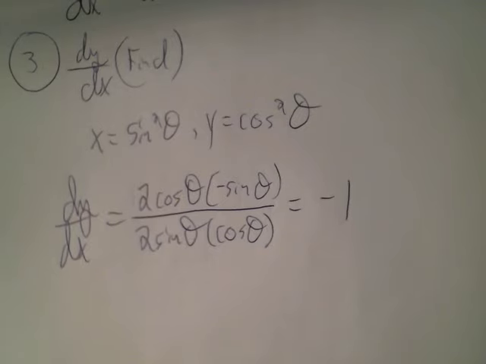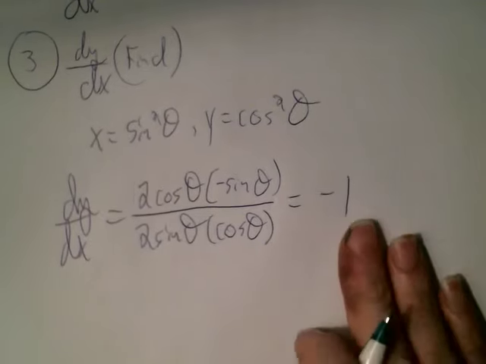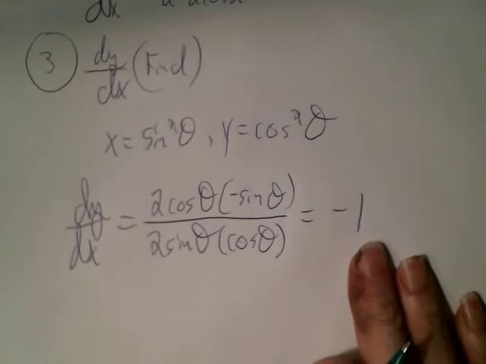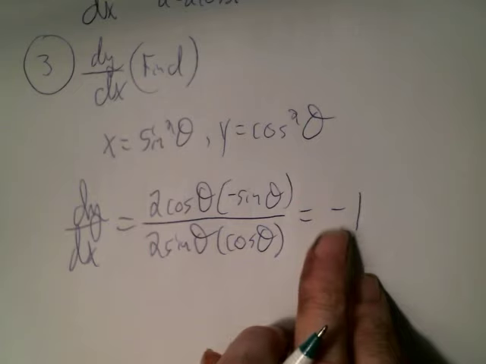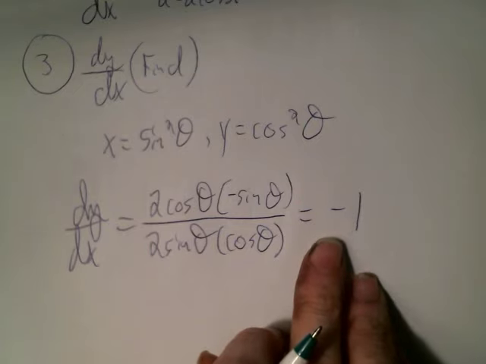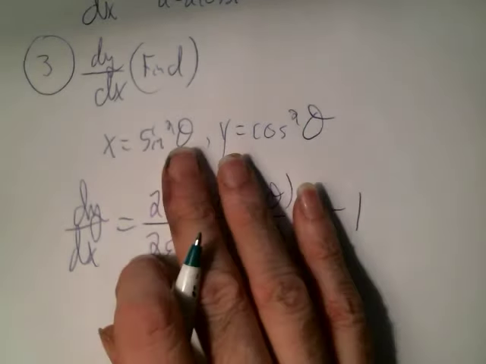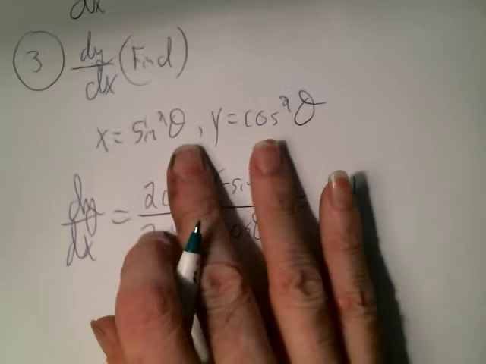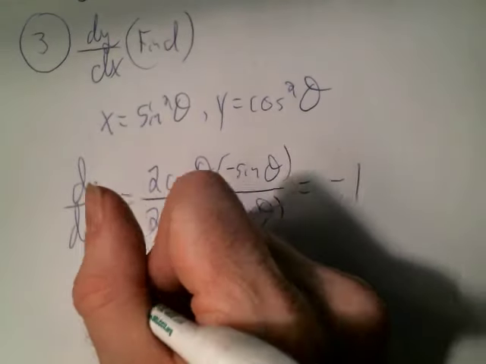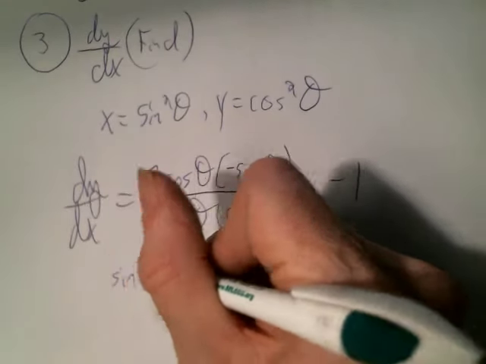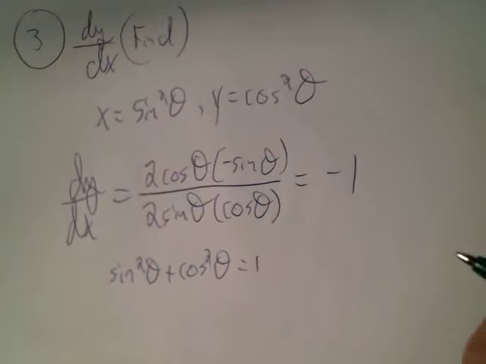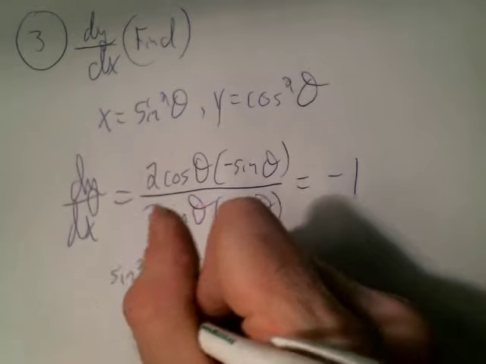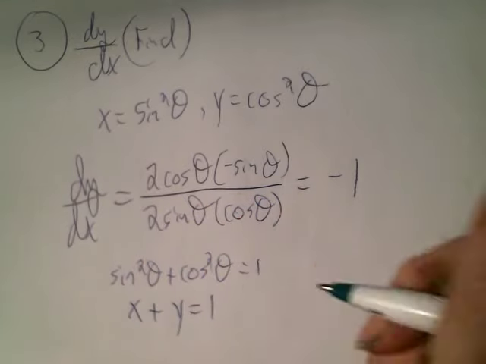Okay, so what I'm saying is that this slope makes sense. It may not seem like it, but it is the slope of this graph. It's constant, so it tells you that it's basically a line with slope negative 1. You can see that by eliminating the parameter using our Pythagorean identity, sine squared theta plus cosine squared theta equals 1. So sine squared is x, cosine squared is y, and that equals 1.